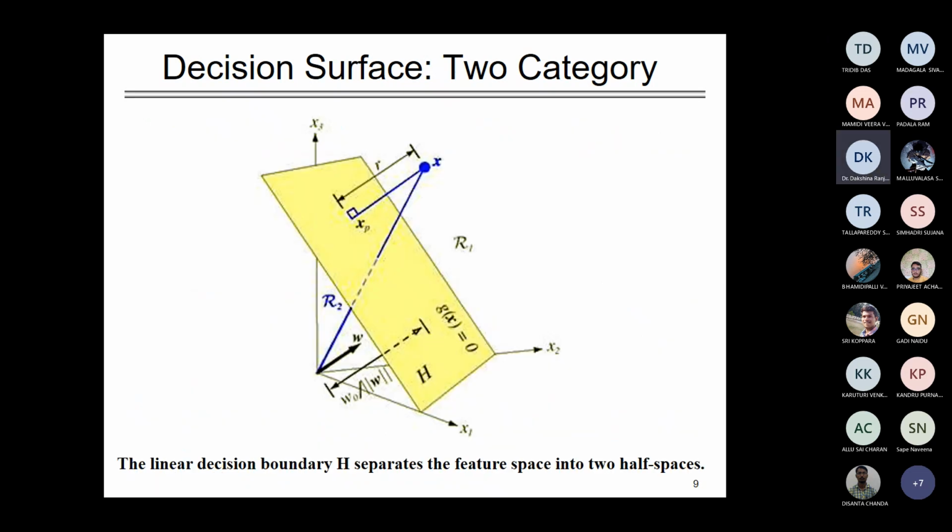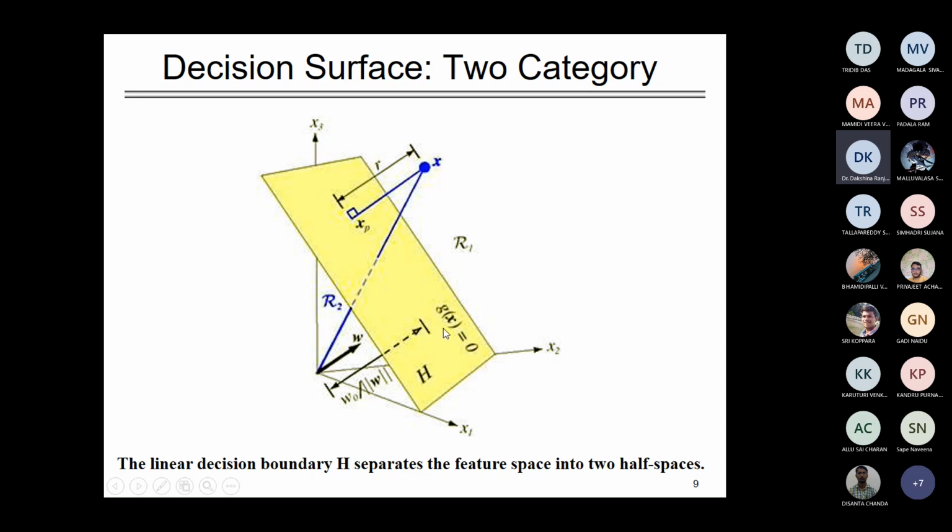Now if we look at the geometric interpretation of the decision surface for two categories, here we consider the decision boundary or decision surface. This decision surface separates the feature space into two half spaces. One half space is for the positive class, that is R1, and the other half space is represented by R2, and in between them we get the hyperplane.